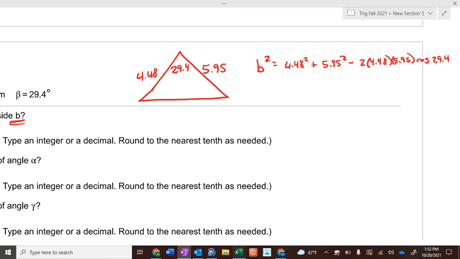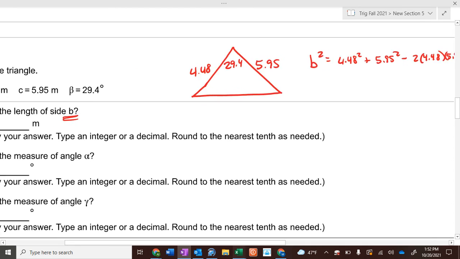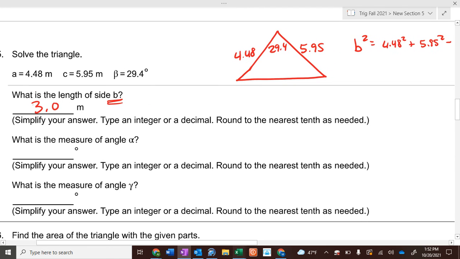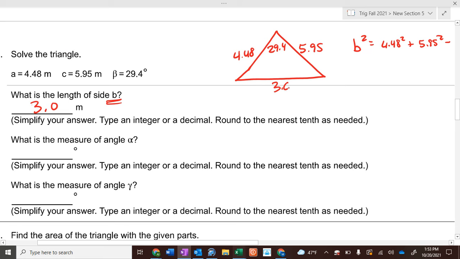What'd you get, Jesse? Around 3? Like 3.00? Well, I got 9 on the first thing, and then I got 3. Okay, so 3.0. Cody, you concur? Yep. So that's 3.